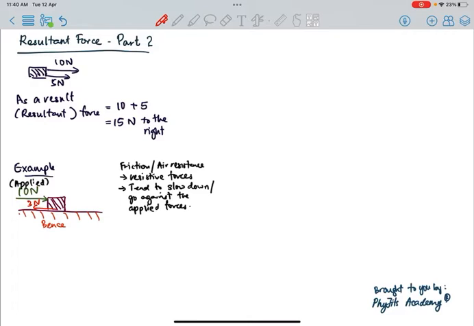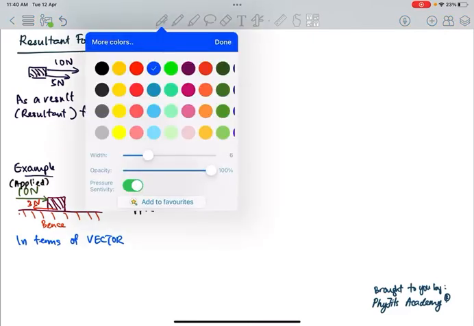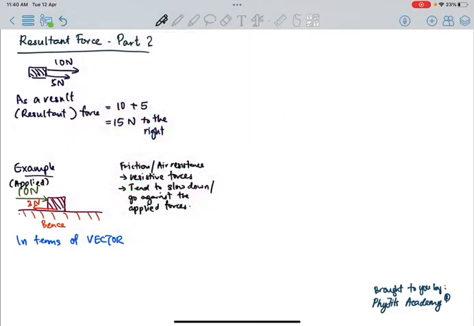Right? So let's visualize this idea in terms of vectors. We have seen previously that vectors can be represented by a line and an arrow, so we need to choose a scale first to draw them. Let's say 1 centimeter represents 1 Newton.